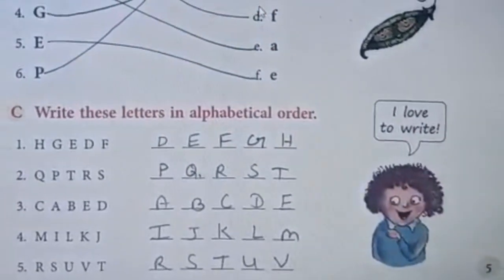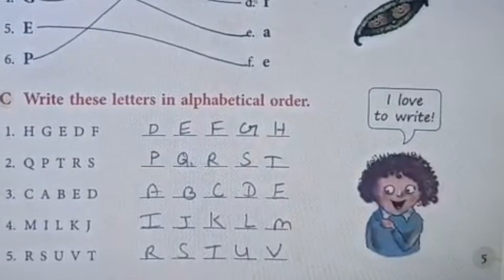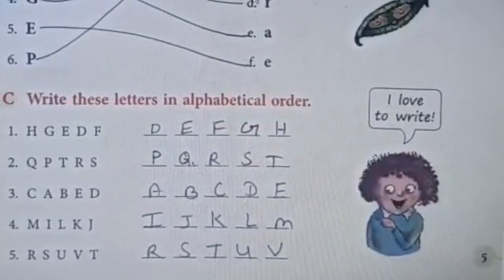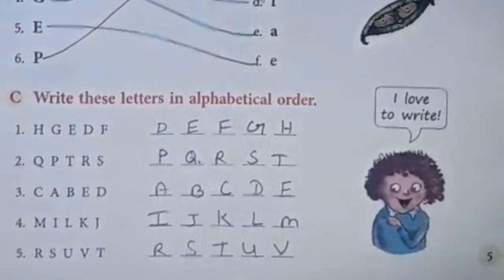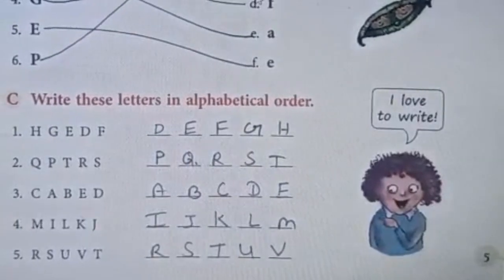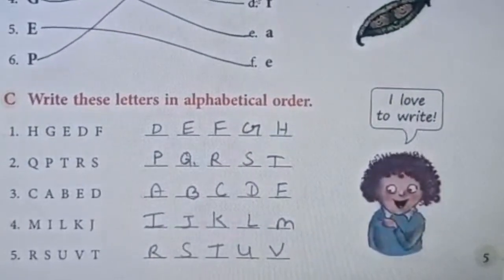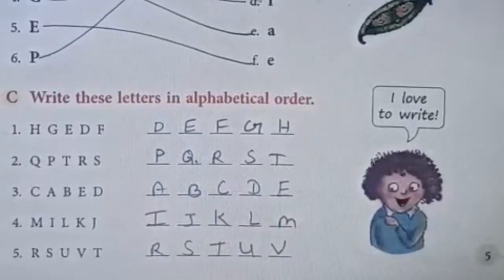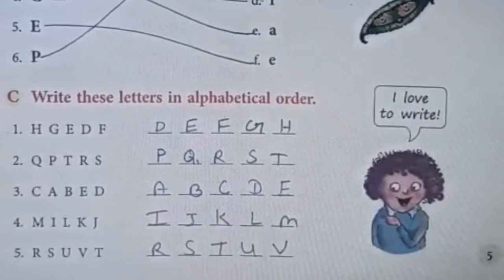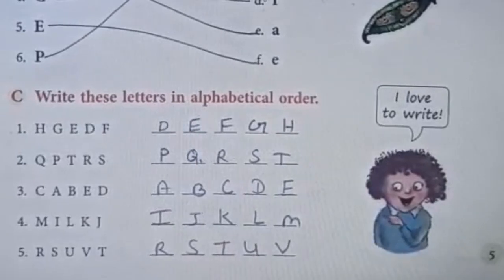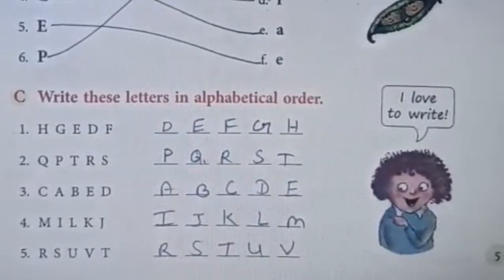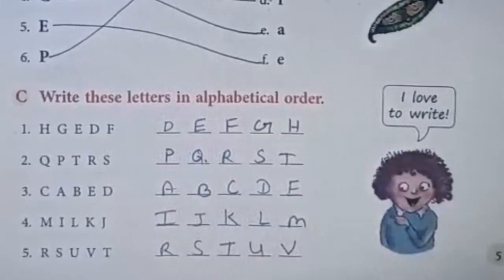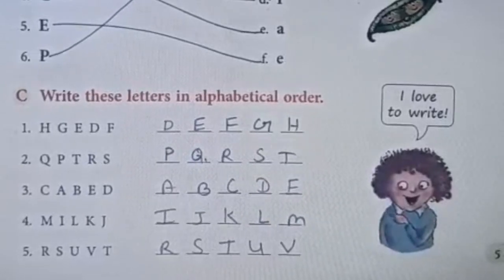Moving further, C. Write these letters in alphabetical order. As I told you earlier, here in this exercise, we have to write these alphabets in alphabetical order. Like for example, the alphabet which comes earlier, that will be first, and so on.